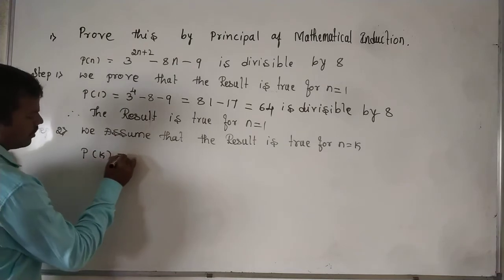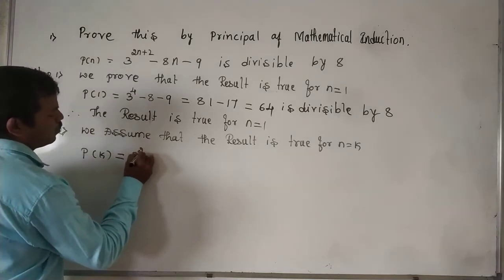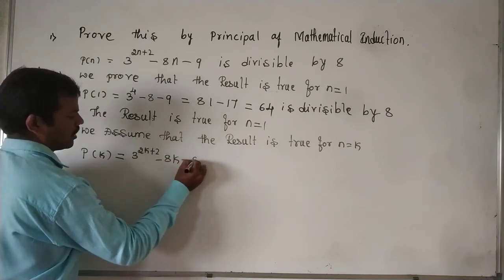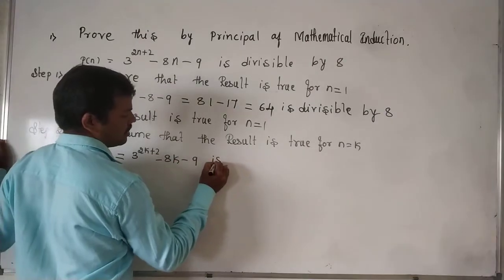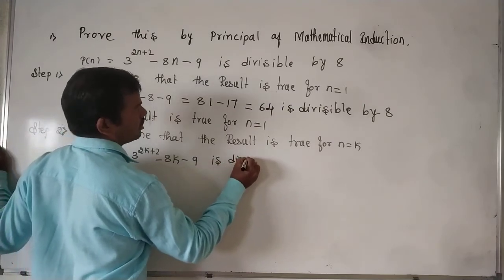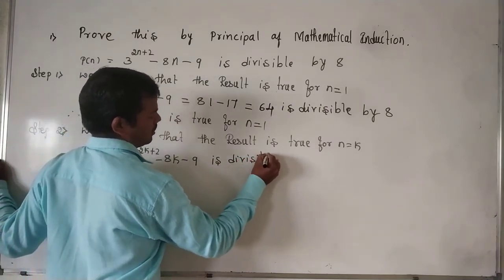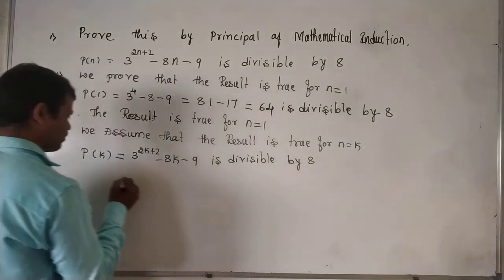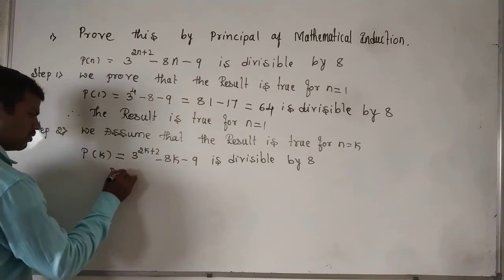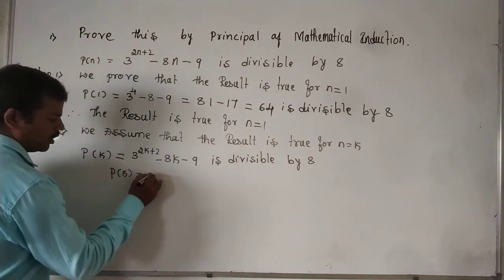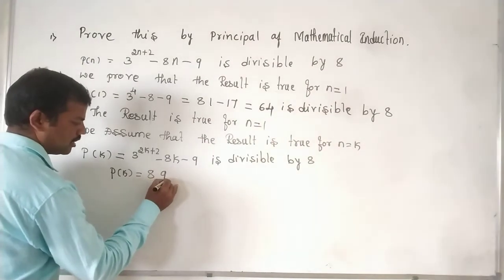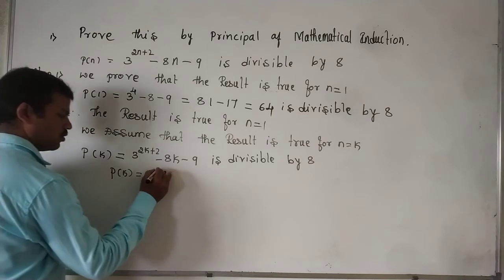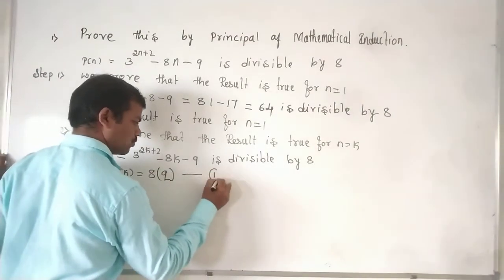P of k means 3 raised to 2k plus 2 minus 8k minus 9 is divisible by 8. If it is divisible by 8, how can we write that? P of k is equal to 8 times some integer q. Some integer q.